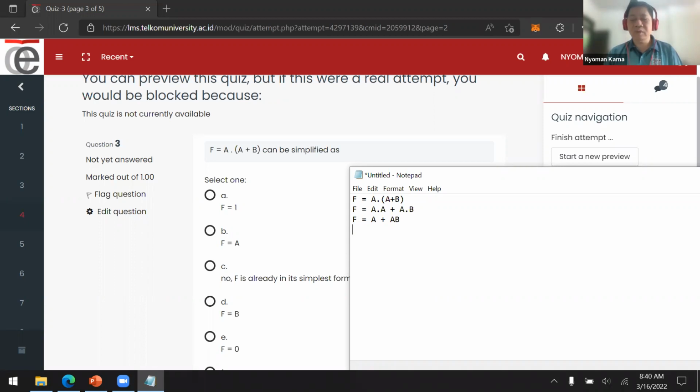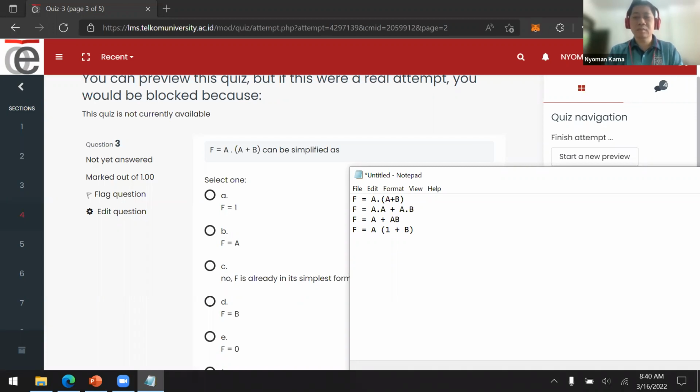As you can see in here, we have A as the same variable between the two products, A and AB, so we can use the distributive law to take out the A. It becomes A times (1 plus B).